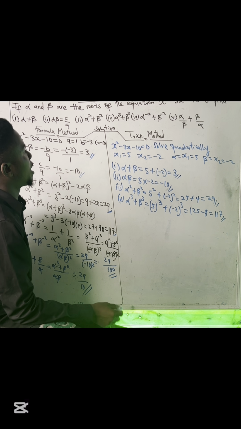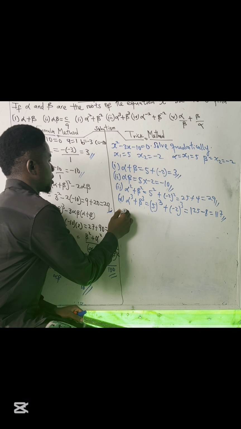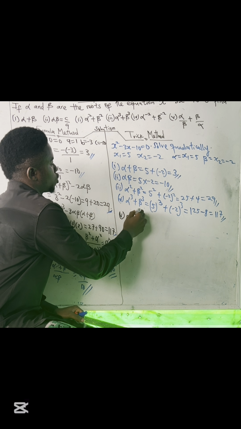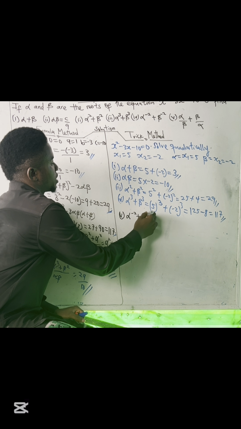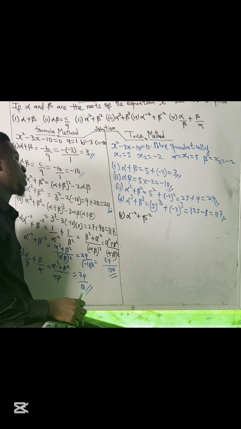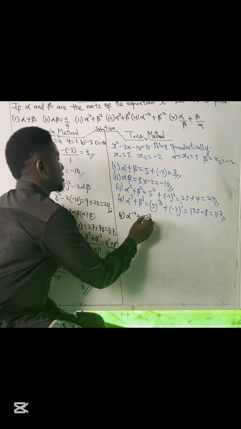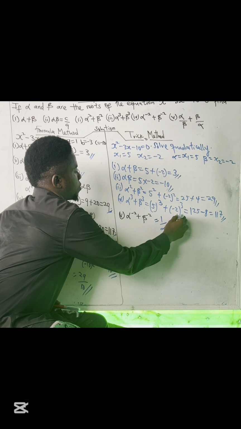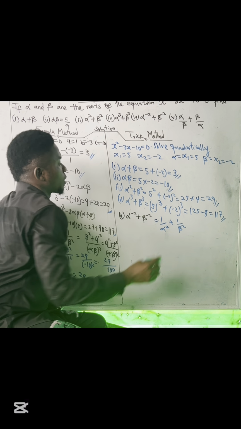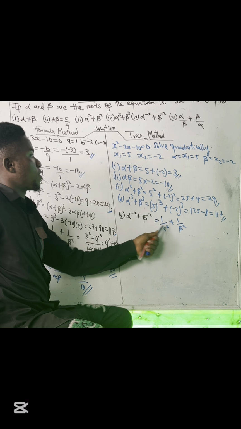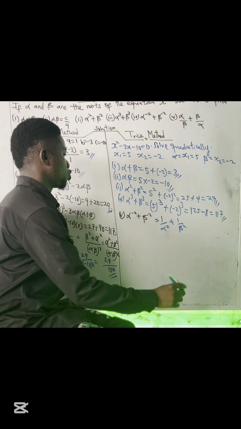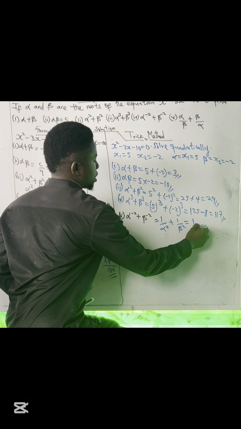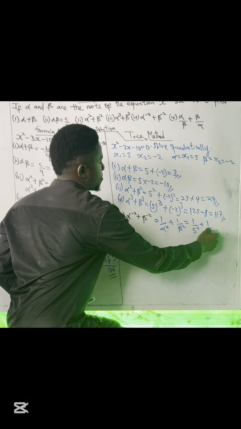Next thing we have to do now, guys, is to do the alpha raised to power -2 plus beta raised to power -2. We can firstly write it as 1 over alpha square plus 1 over beta square. Then guys, remember that our alpha is 5, our beta is -2. So this can be 1 over 5 squared plus 1 over -2 squared.